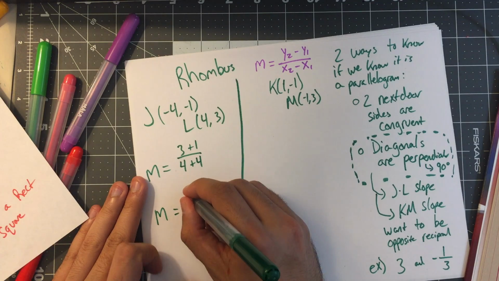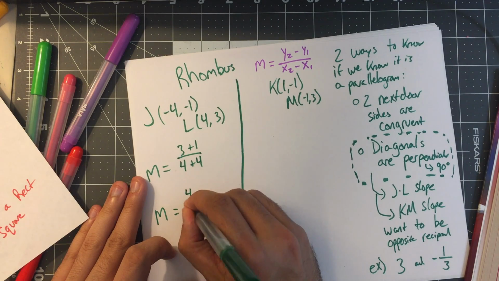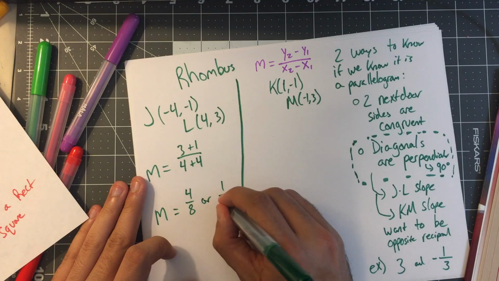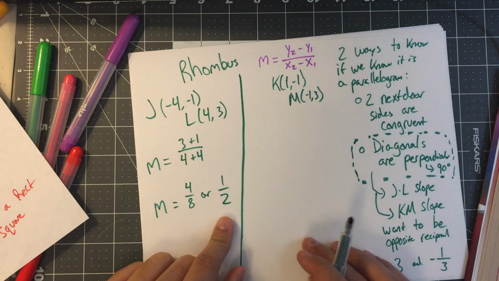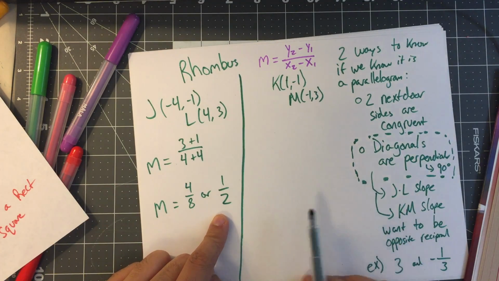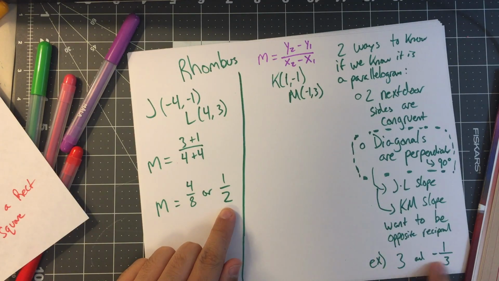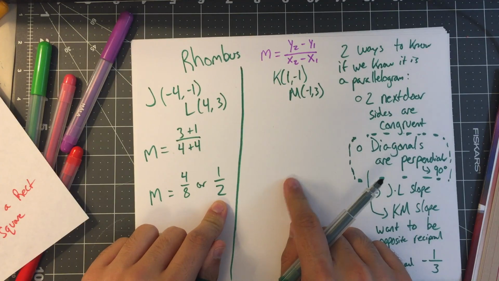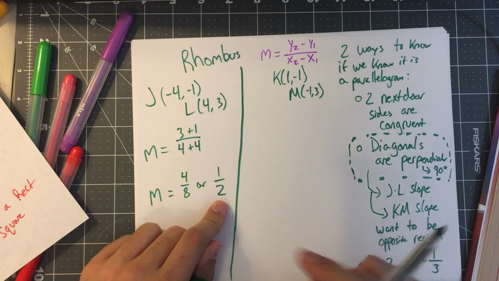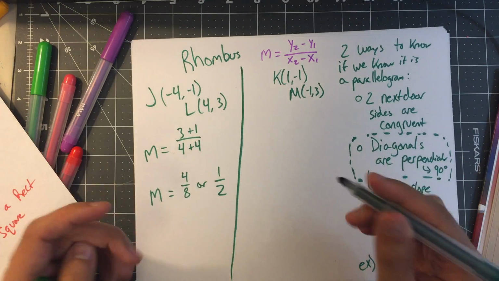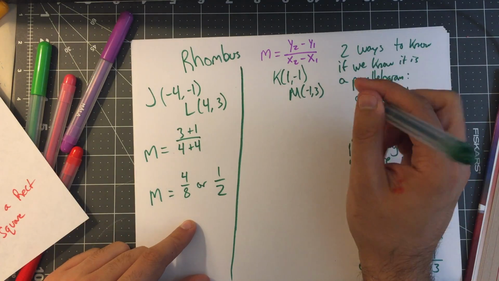So my slope is 4/8, also known as 1/2. So if my slope is 1/2 here, think for just a moment, what do I want it to be over here for opposite reciprocal? What is the opposite reciprocal of 1/2? If you said -2, you're in business. If not, you'll get them next time.